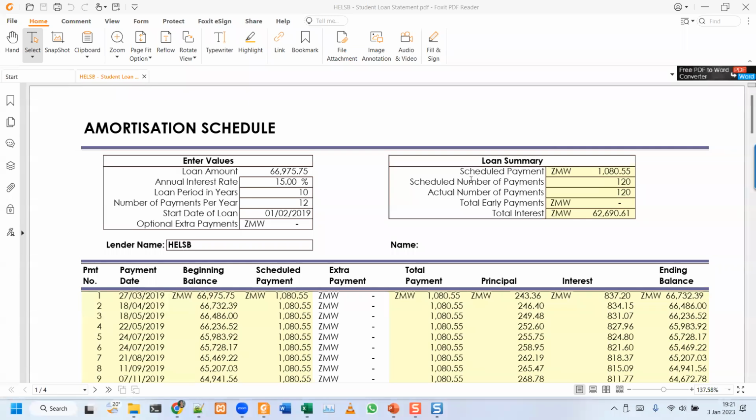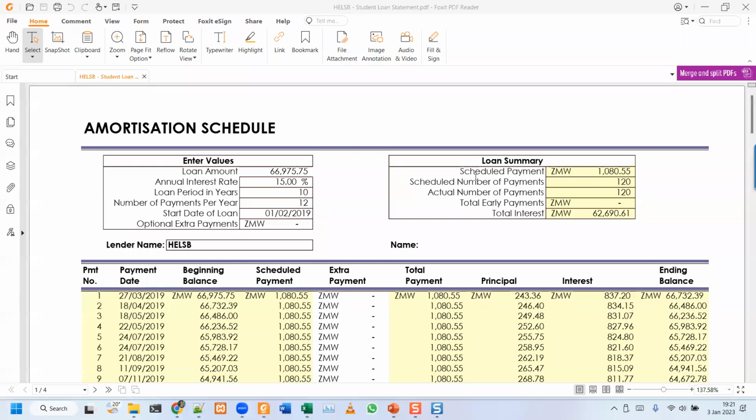All right. So when you get your HELSB loan, my understanding is that typically you can request an amortization schedule. Basically, this gives you a breakdown of how your loan is going to progress as far as your balance, the interest, the amount you pay in interest, how much money is going to go to principal, and your ending balance at each and every point of your loan.